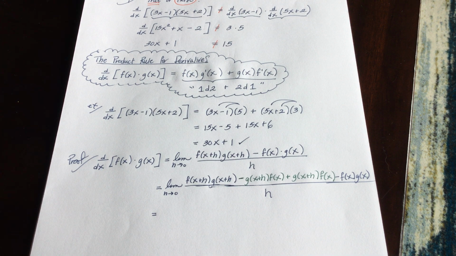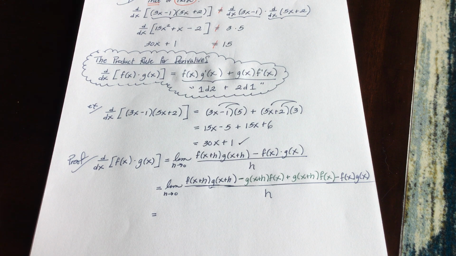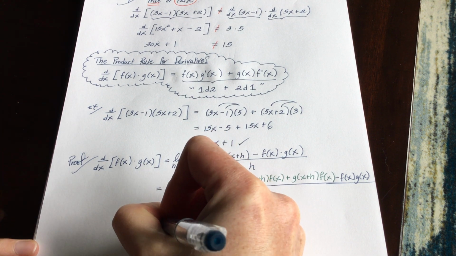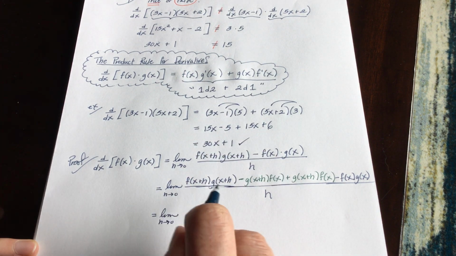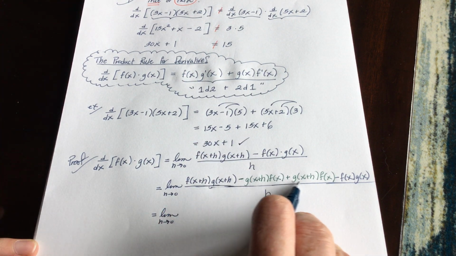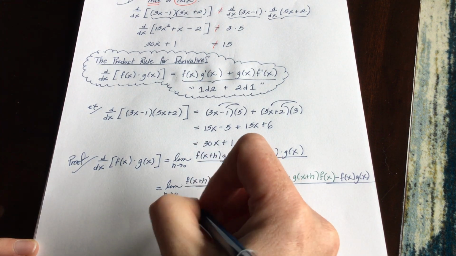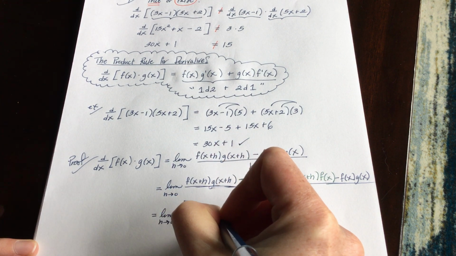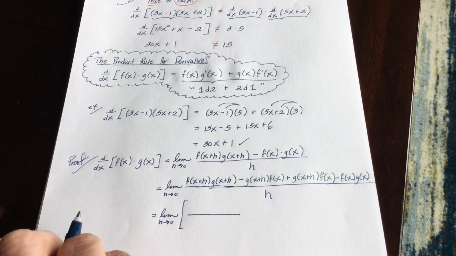All right, my friends, the next thing that we are going to do is give this kind of a creative regrouping. So we're going to bring down the limit as h goes to 0. Don't forget that guy. And then we're going to split this monster fraction into 2 smaller monster fractions. So go ahead and use that bracket to group it all together.